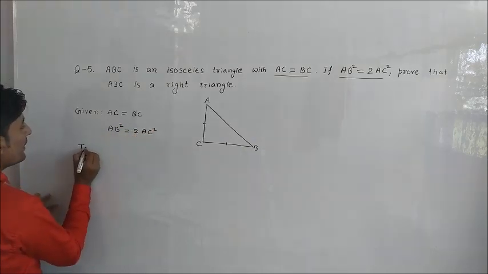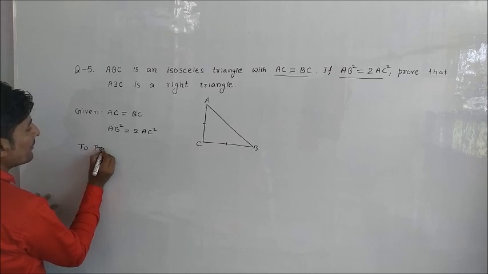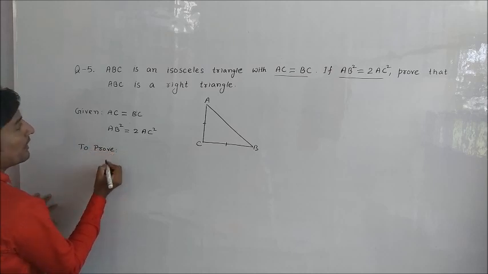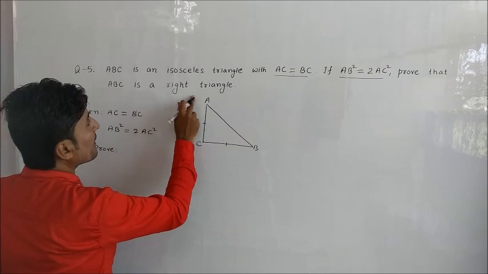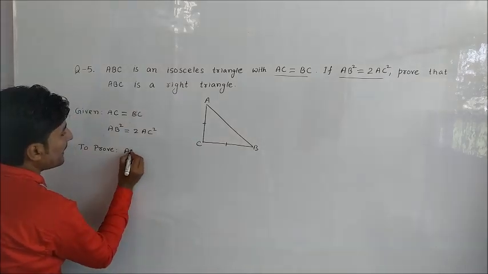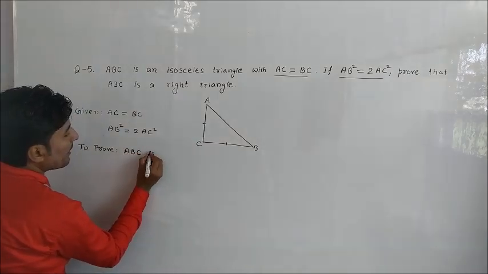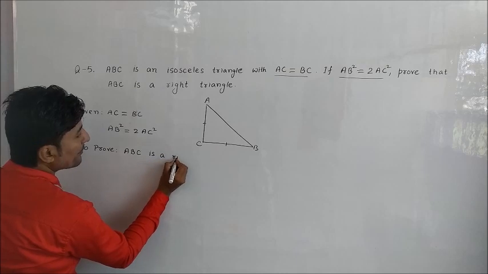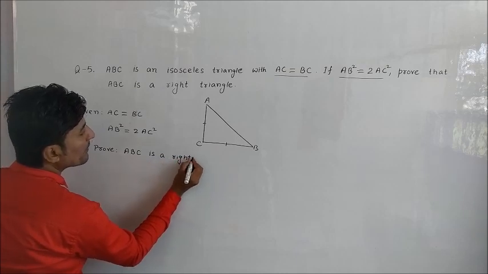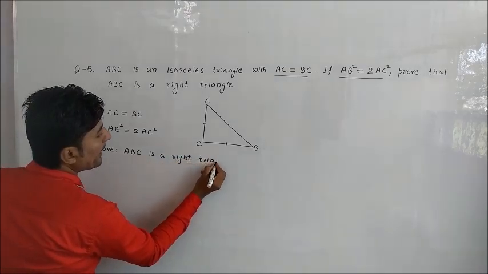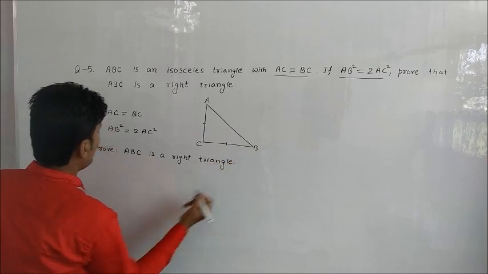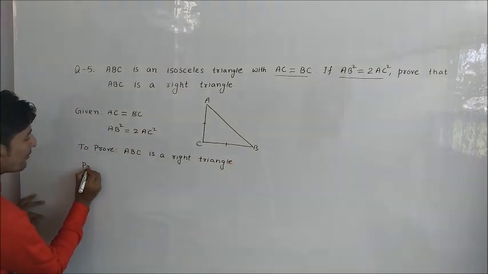Now after that we have to write to prove. What we are going to prove? We have to prove that ABC is a right triangle. So we have to write ABC is a right triangle. So the final step we have to write is proof.